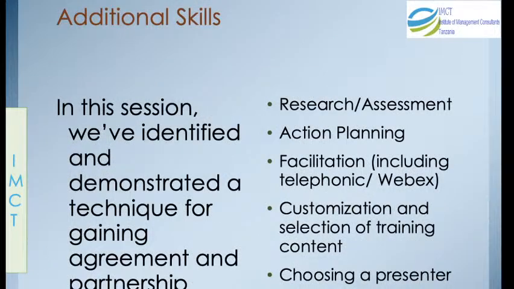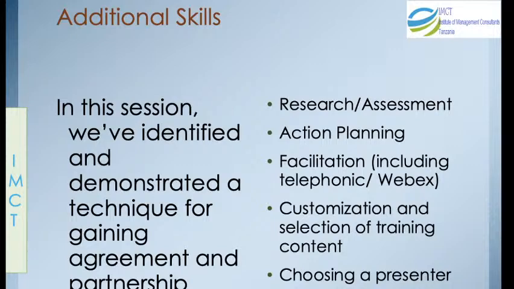Typically you need some additional skills to address issues in the SPIN or PPP kind of consulting approach. One of them is to be able to do research and assessment. You need to be very thorough on action planning, and also be able to facilitate.